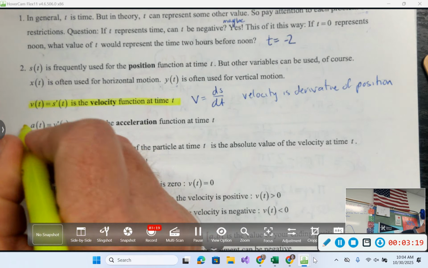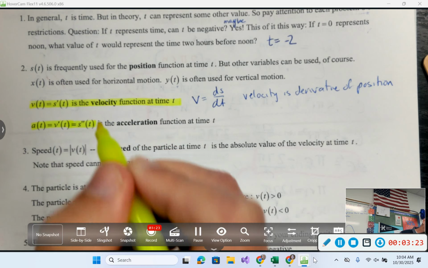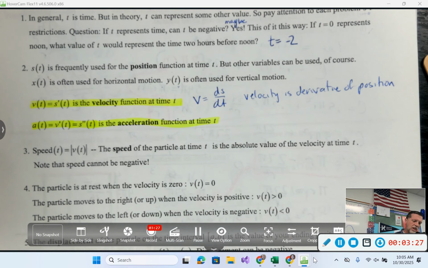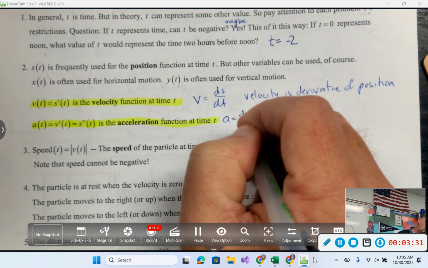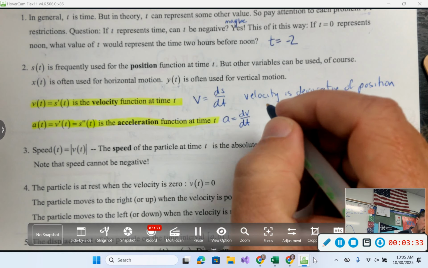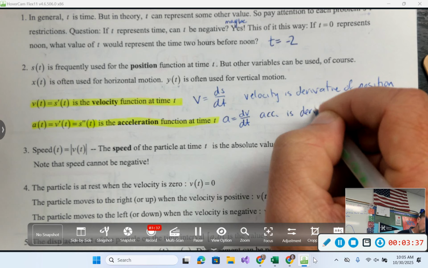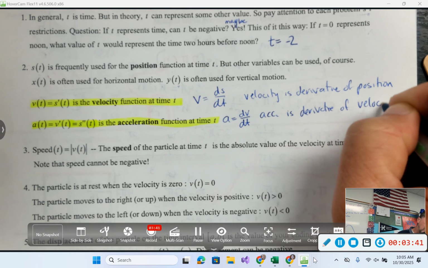Acceleration is the derivative of velocity, which means it's the second derivative of position. Acceleration equals dv dt. So acceleration is derivative of velocity.